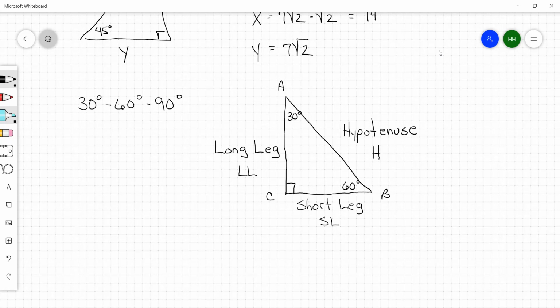Now, here's the rules that apply to this special right triangle. The hypotenuse is always equal to the short leg times 2. The long leg is equal to the short leg times square root of 3.